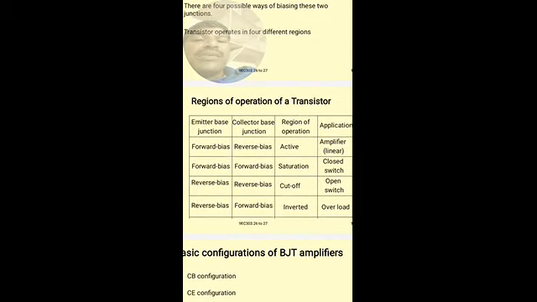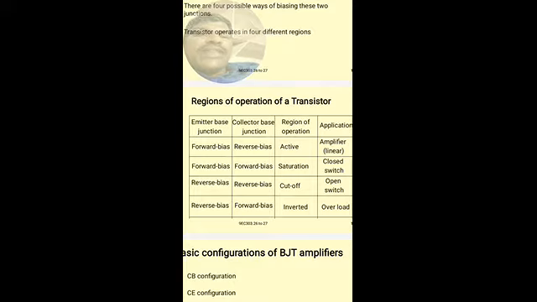And coming to when the emitter base junction is forward biased and the collector base junction is also forward biased, there is a low resistance to the flow of electrons, so a huge current passes through the transistor and the transistor gets into saturation.